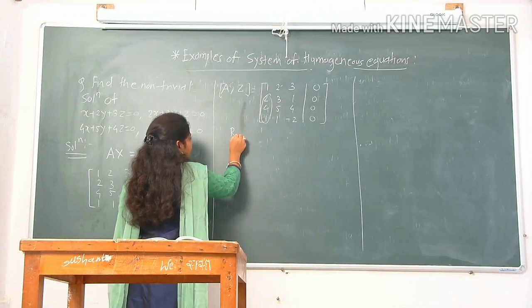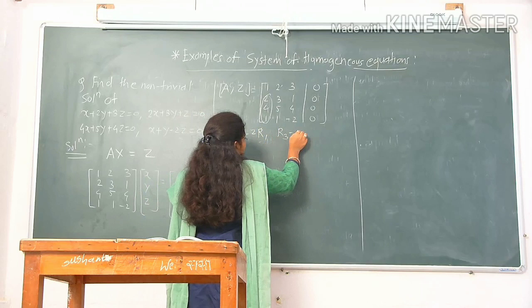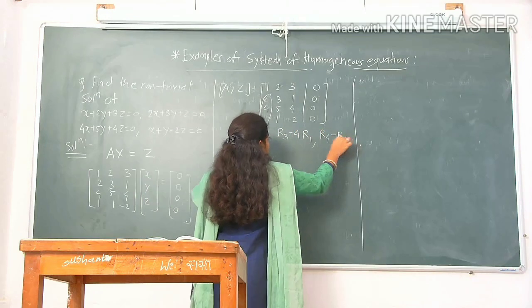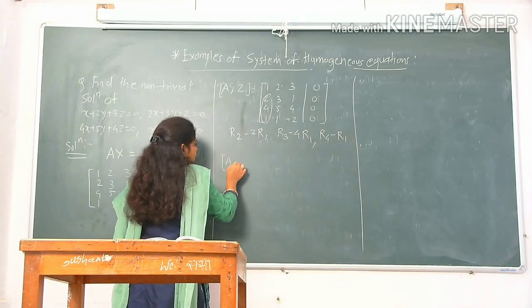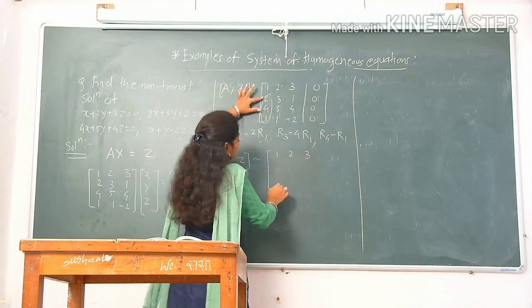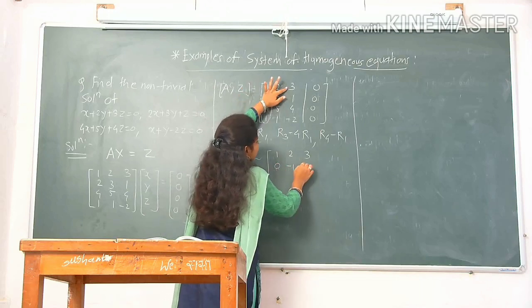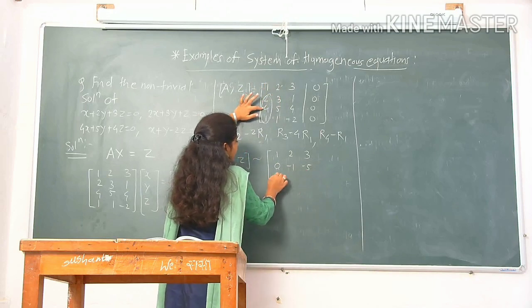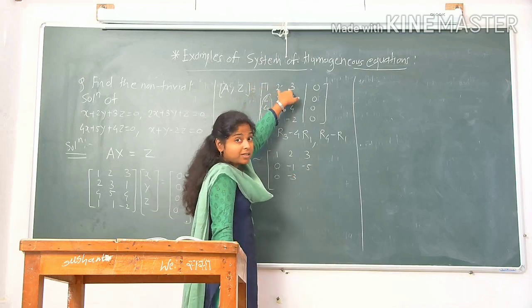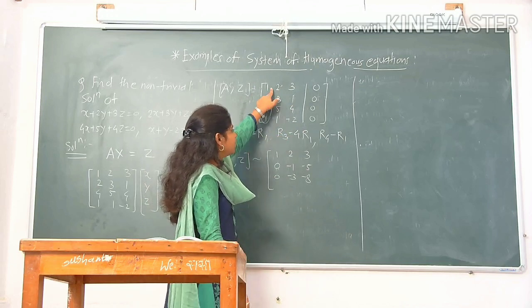So by R2 minus 2R1, R3 minus 4R1 and R4 minus R1, augmented matrix AZ is similar to first row as it is. 2 minus 2 is 0, 3 minus 4 is minus 1, 1 minus 6 is minus 5, 4 minus 4 is 0, 5 minus 8 is minus 3 and 4 minus 12 is minus 8, because we perform here R3 minus 4R1.